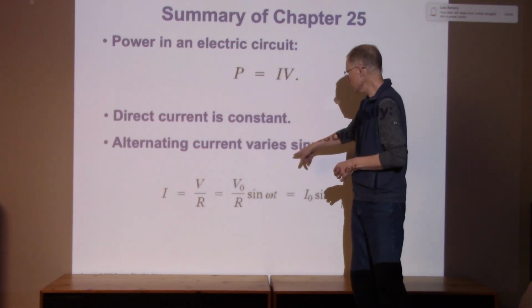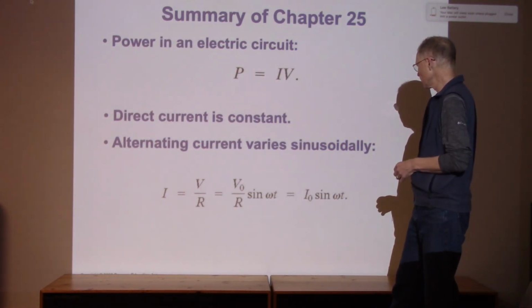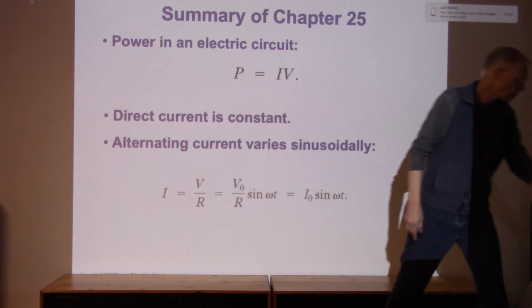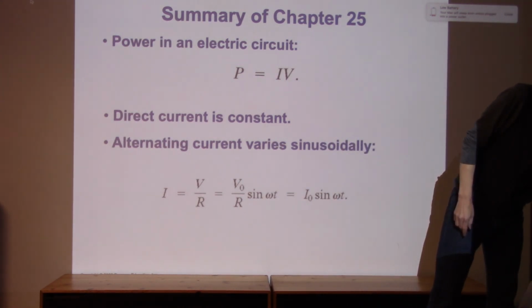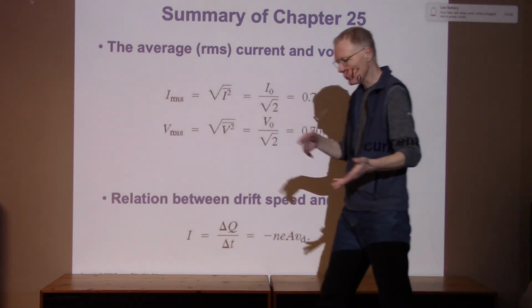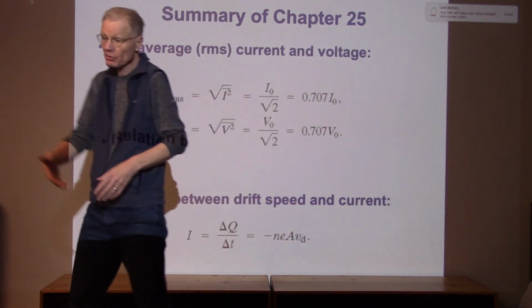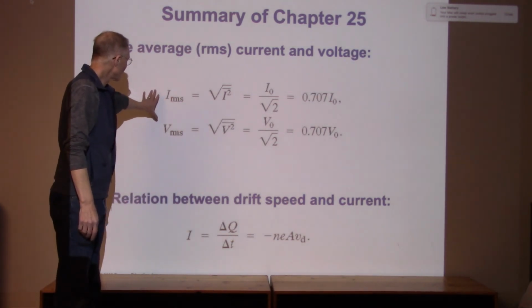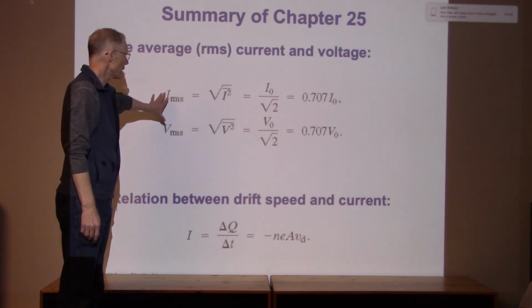Direct current is constant; for alternating current, we're going to use a sine or a cosine function to represent it. When we talk about power and current and voltages in AC circuits, which is anytime you plug something into the wall outlet, the values we work in terms of are the RMS values.